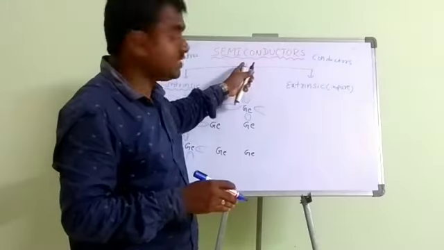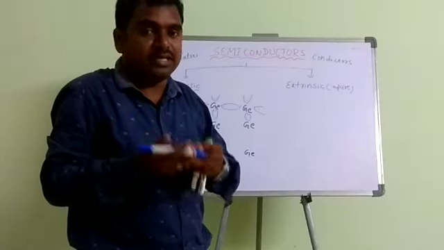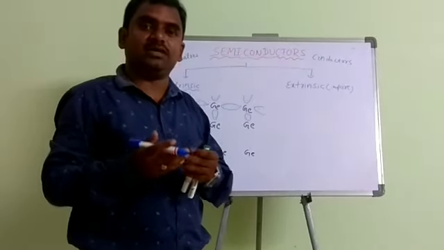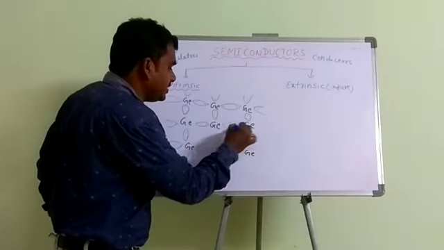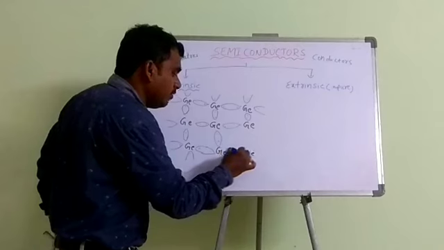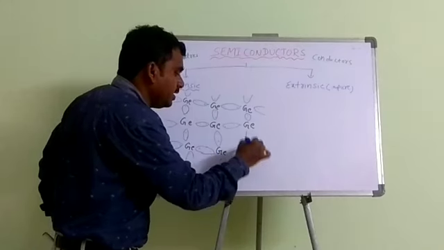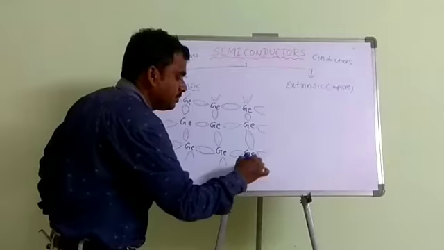But for semiconductors, if you increase the temperature, their conductivity increases. Why? Because the bonding will break. If one bond breaks, automatically 2 electrons become single electrons.